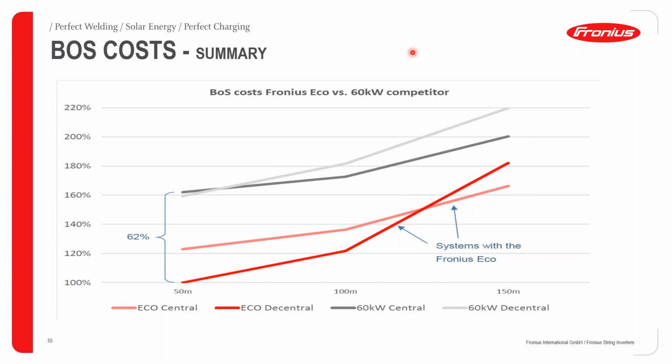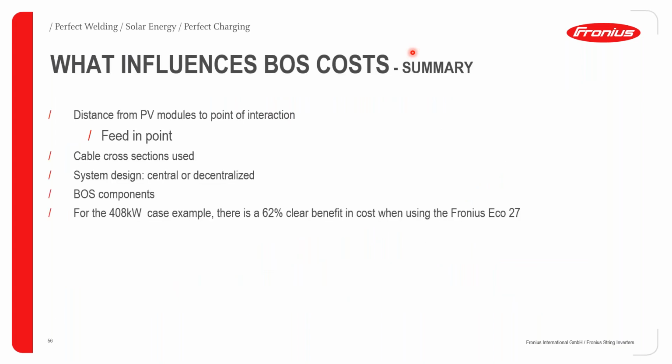And therefore, it becomes very apparent that even though some inverters might seem to be slightly less expensive in the beginning, in the long term, once you put in the cost of balance of system components and analyze the total cost of ownership of this system, you find that a Fronius inverter will give you a lot more advantages in this regard.